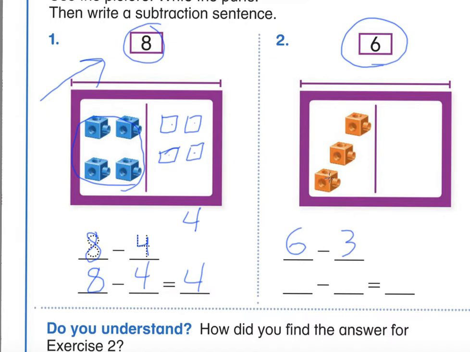Now, on your own, count on from 3 until you reach 6, drawing a box every time you count up one number. I'll give you guys a minute to do this and try it on your own, and then we will go through it together to make sure that you got the right answer. So go ahead and solve the problem.